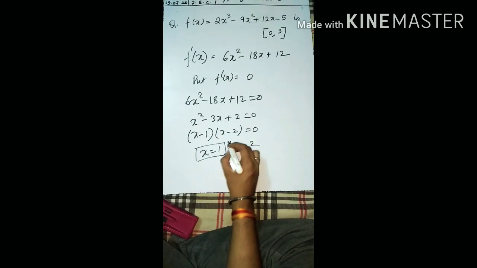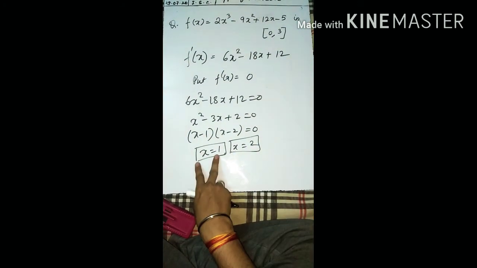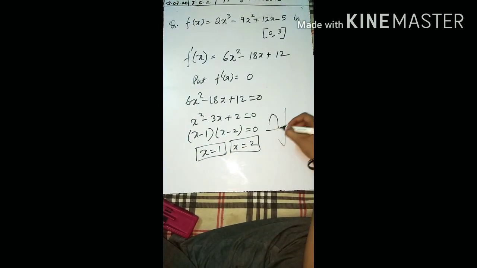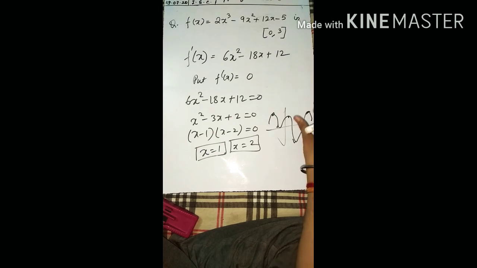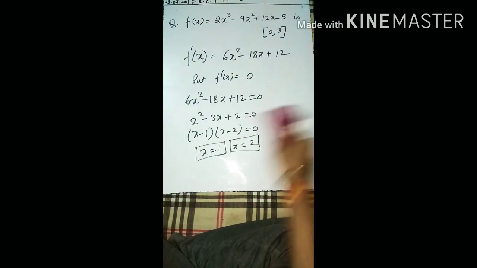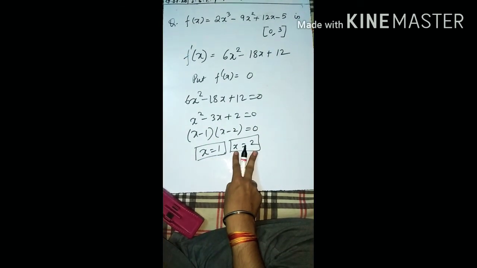So you have two critical points, x equal to 1 and x equal to 2. That means this is a case where you may have many local maxima and local minima, and we need to determine which will be the absolute maximum and absolute minimum. Okay, so x equal to 1 and x equal to 2 we got.